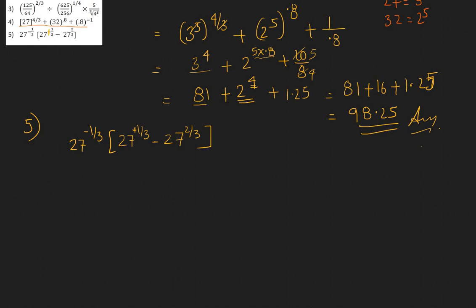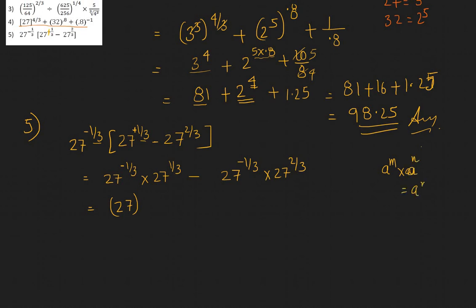With this, you can see that you have this minus 1 by 3 and plus 1 by 3. So I can straight away say this is 27 power minus 1 by 3 into 27 power 1 by 3 minus 27 power minus 1 by 3 into 27 power 2 by 3. Now this would be of the form a power m into a power n is a power m plus n.